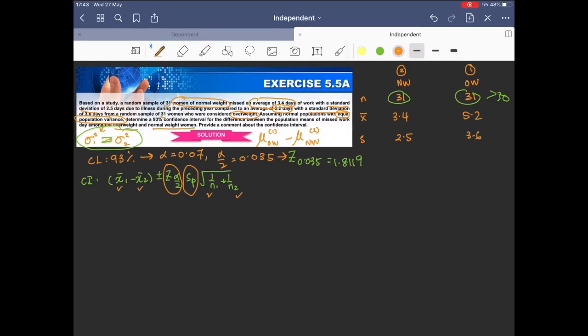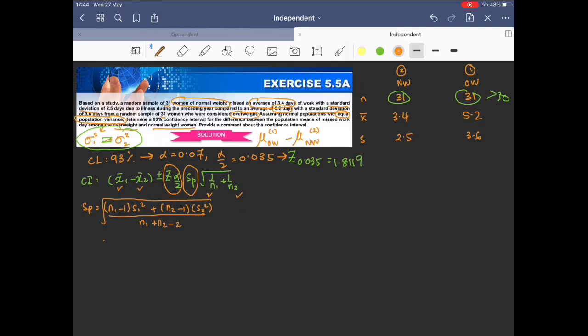Okay, SP is equal to the square root of n1 minus 1 times s1 square plus n2 minus 1 times s2 square, divided by n1 plus n2 minus 2.